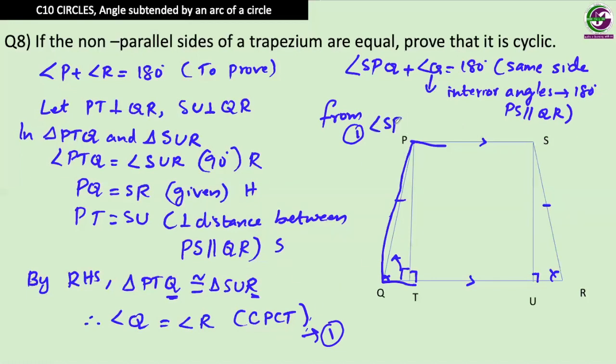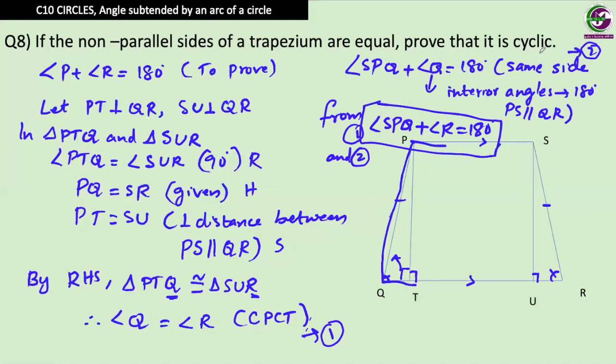Let's name this as equation 2. From 1 and 2, angle SPQ plus angle Q can be replaced as angle R, so it is equal to 180 degrees. The opposite angles are 180 degrees. If the opposite angles add up to 180 degrees, then the quadrilateral will be cyclic.